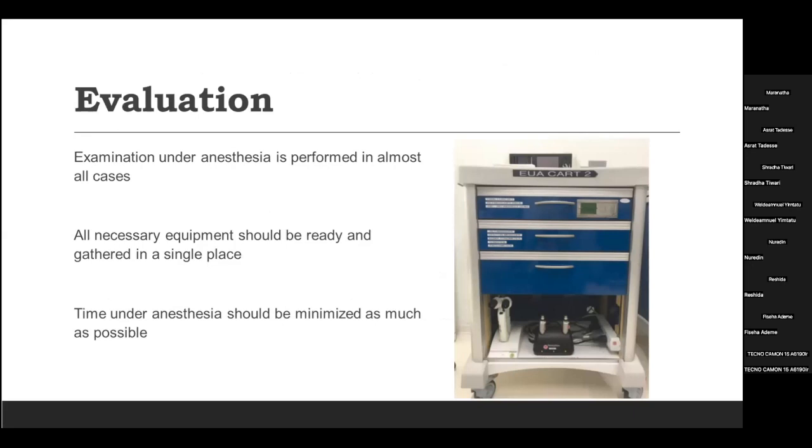This photograph shows how organized the cart has to be, so that the time taken for anesthesia is minimized, as there is so much hazard from the chemicals that we are using for the anesthesia.